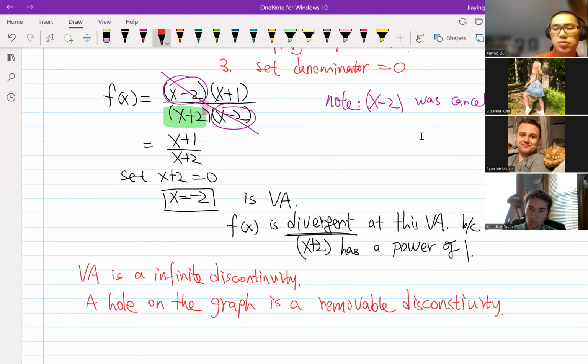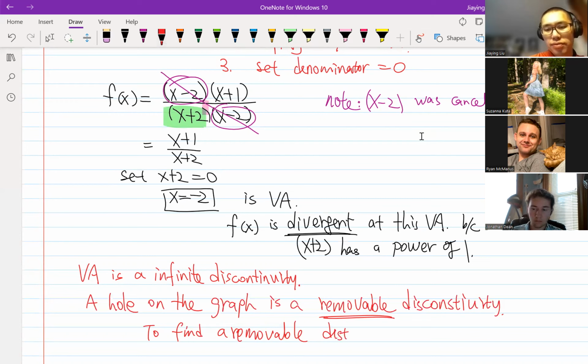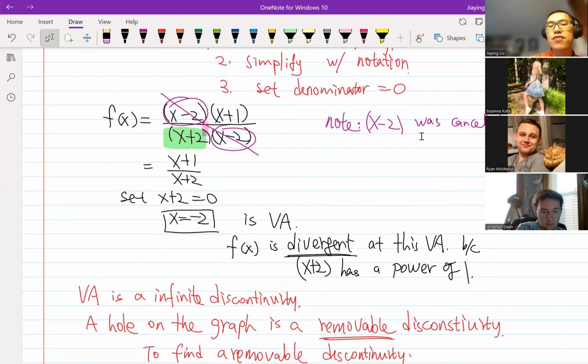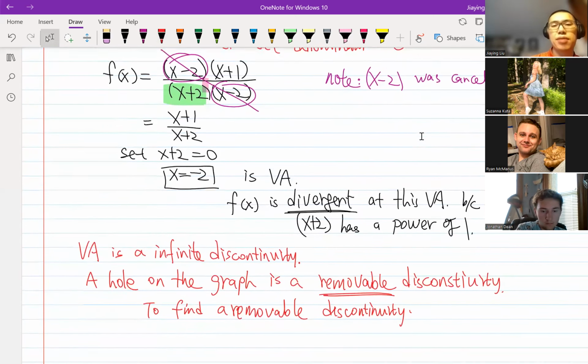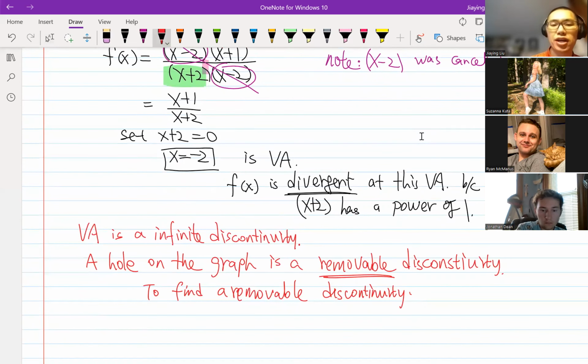Not every graph has a removable discontinuity, some do. Now, how do we find it? To find a removable discontinuity, what we do is we look for the common factors in both numerator and denominator of f of x before we simplify.